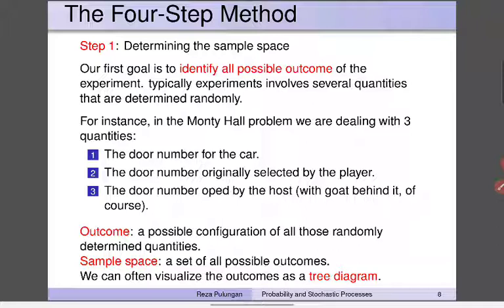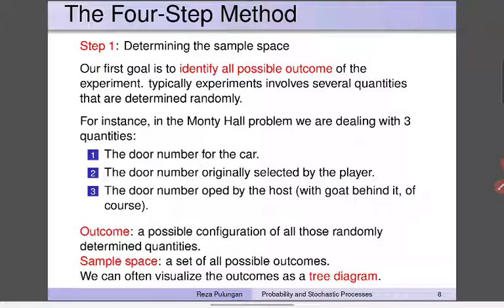And this is what we have to look for, quantities that are determined randomly. Look at this in every probability problem, and if we manage to identify them, then we will be able to identify all possible outcomes.